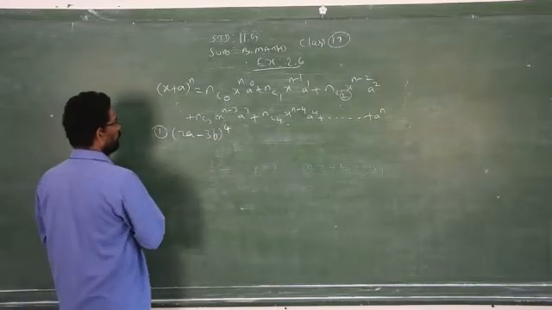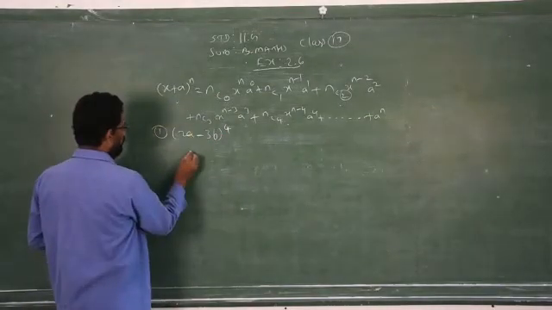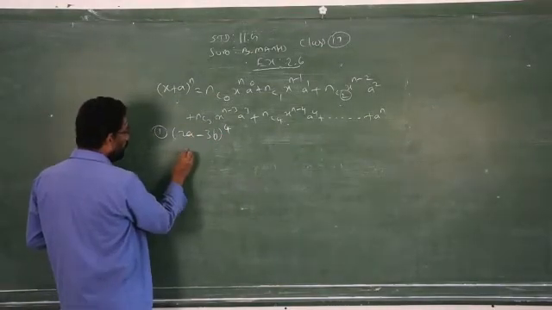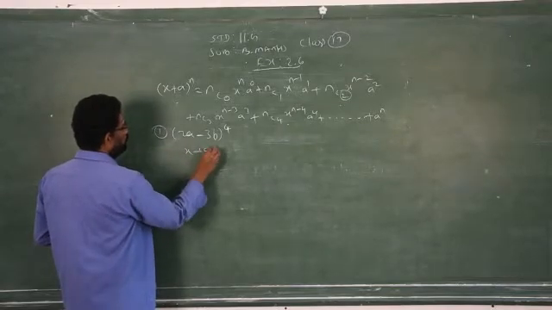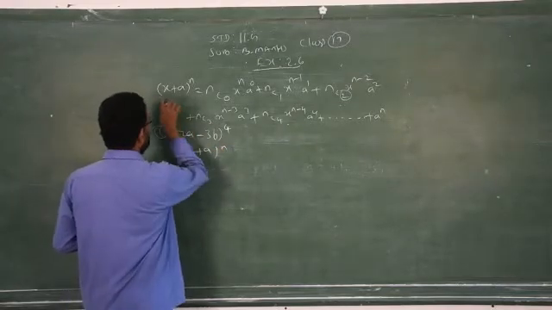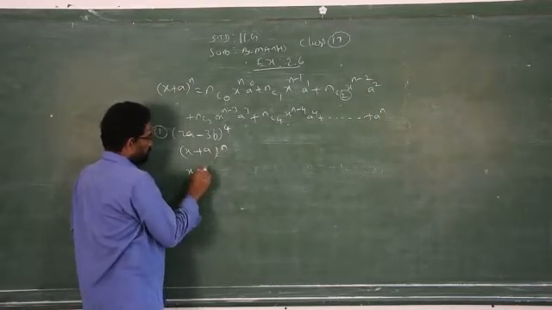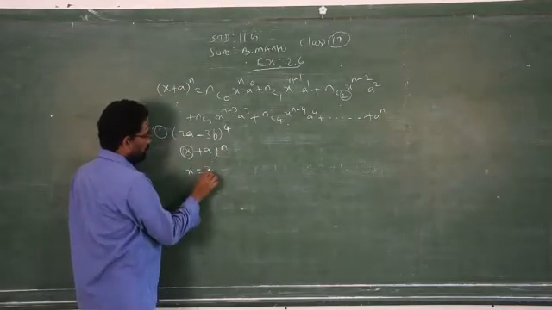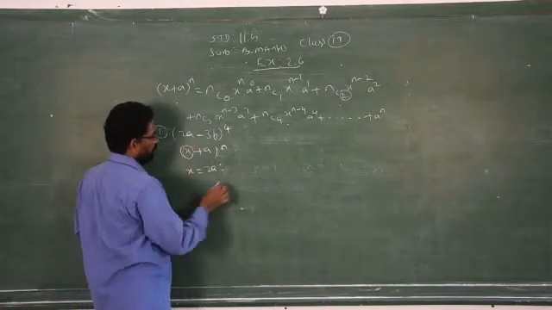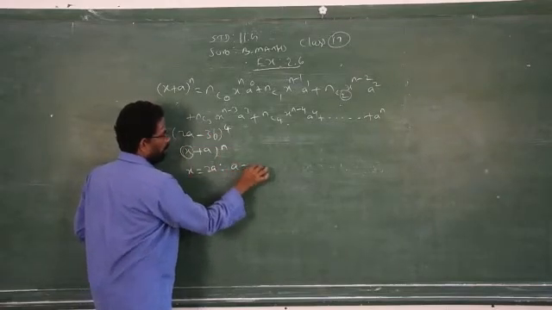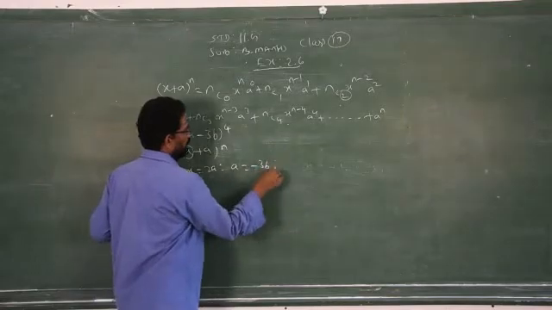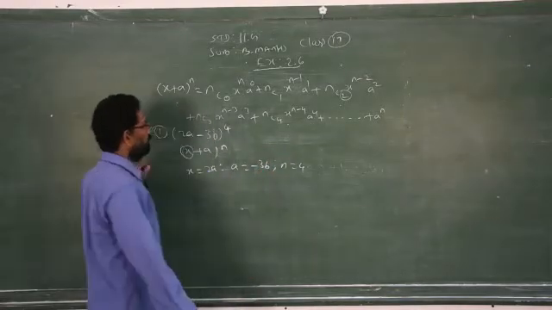Before I start to apply this formula, I have to compare the given expression to the general formula (x + a) whole power n. Here x is replaced by 2a, that is very important. Then a is replaced by minus 3b. Then n is replaced by 4 in the general formula.